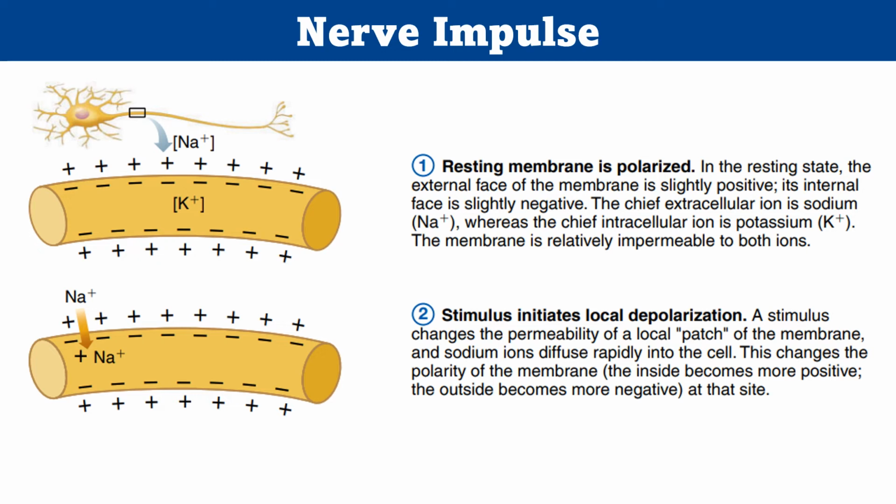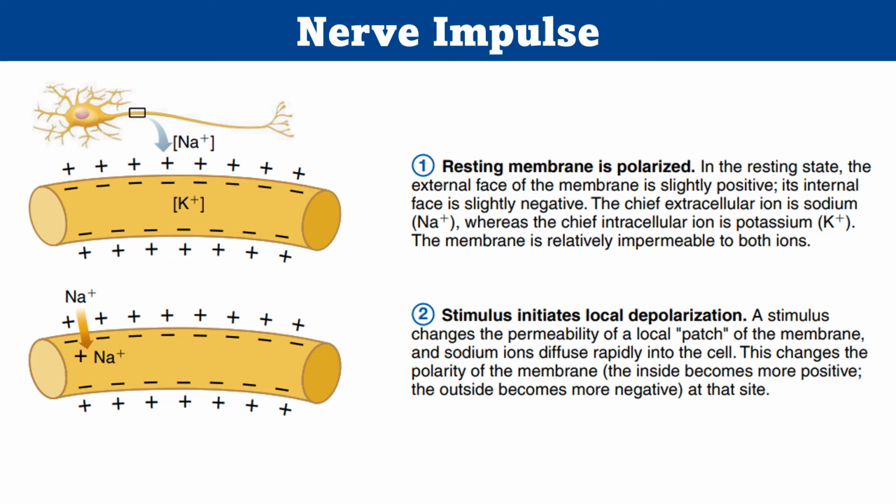Number 2. Action potential initiation and generation. Stimulus initiates local depolarization. A stimulus changes the permeability of a local patch of the membrane and sodium ions diffuse rapidly into the cell. This changes the polarity of the membrane.